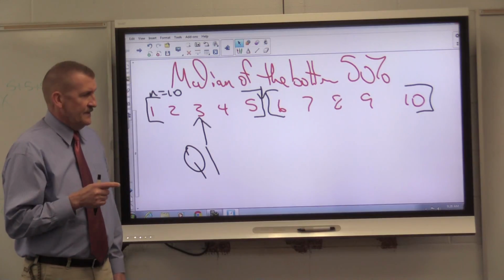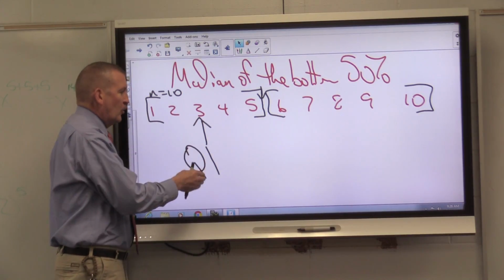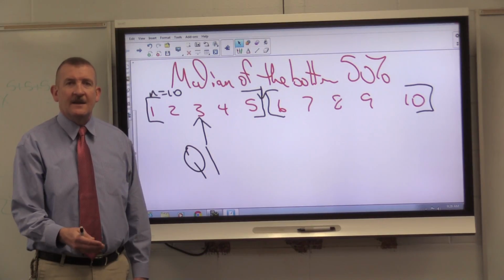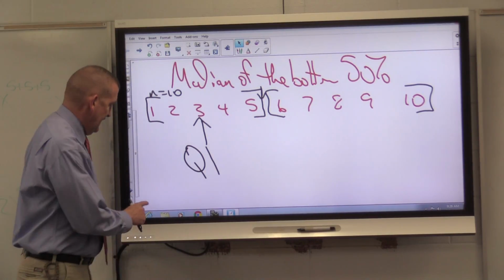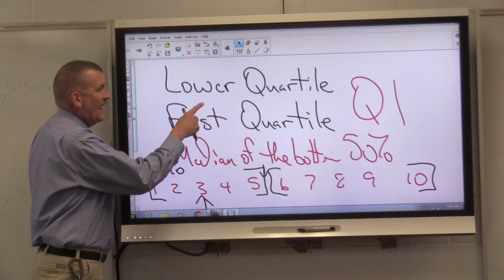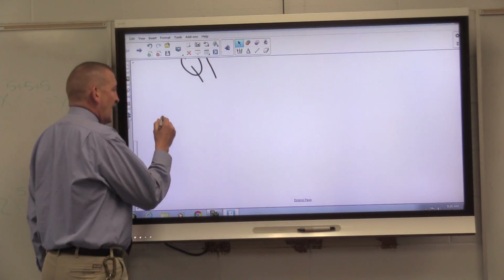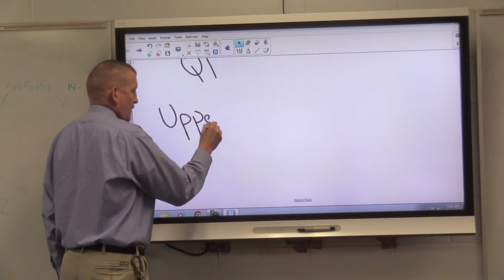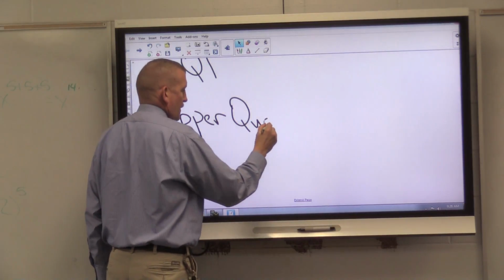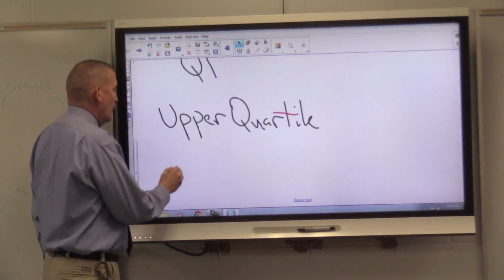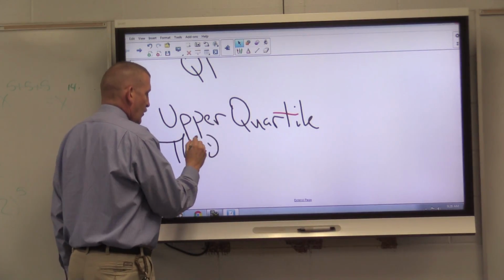Well, let's think about this. If I have a lower quartile, which is the median of the lower 50%, then I probably should have what's called an upper quartile. Or it's also called the third quartile.